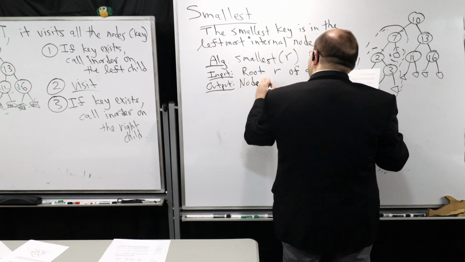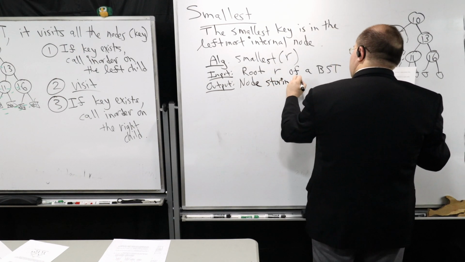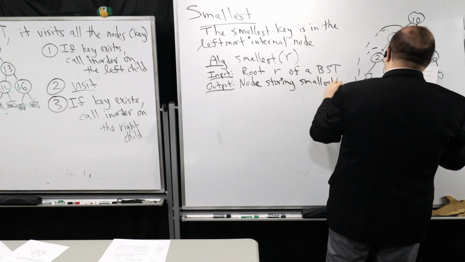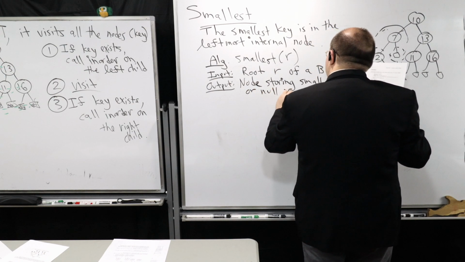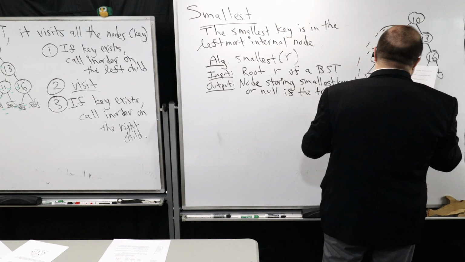It's going to be returning the node because we're going to actually use this algorithm probably next day at some point. So the node storing the smallest key, or null if the tree is empty, meaning it has no records in it.